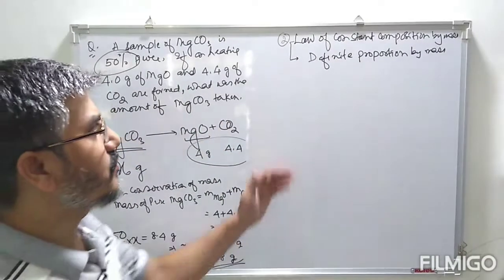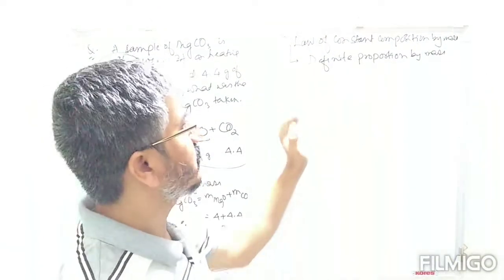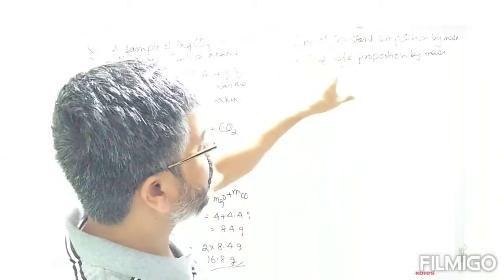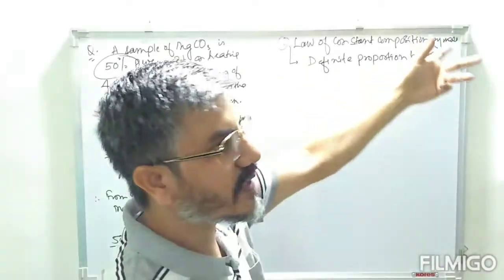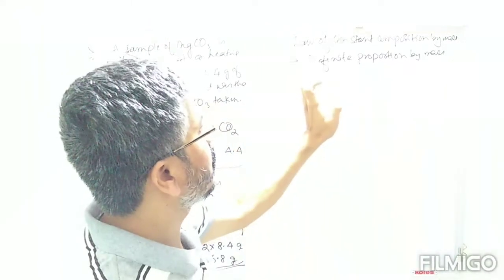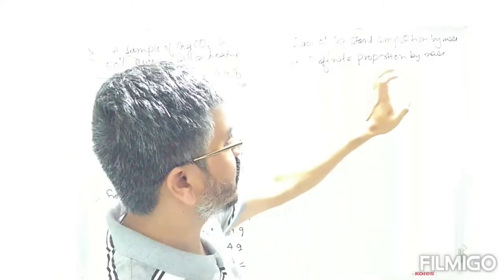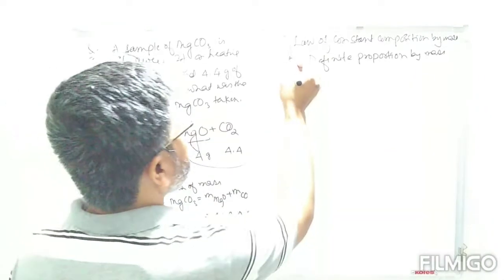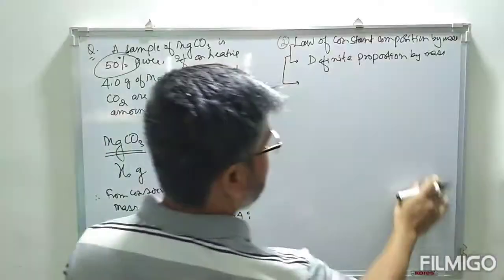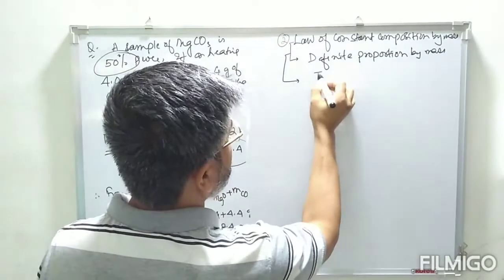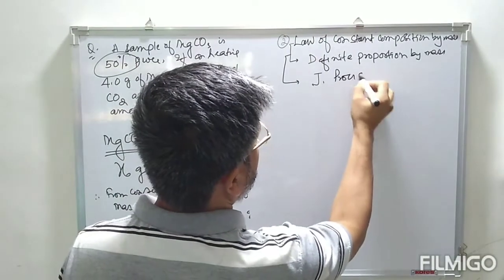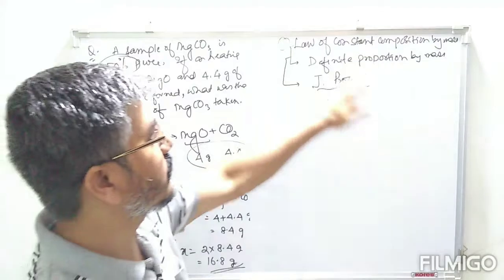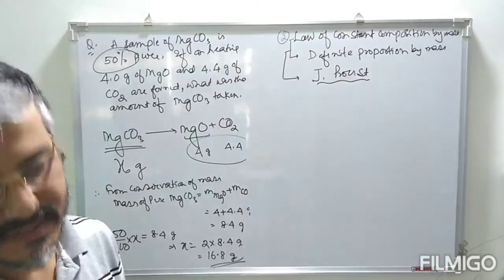In many books it is simply called the law of constant composition or law of definite proportion, but actually this is the law of constant composition by mass, or law of definite composition or proportion by mass. This law was given by Joseph Proust. So this was the scientist who gave this law of constant composition by mass.